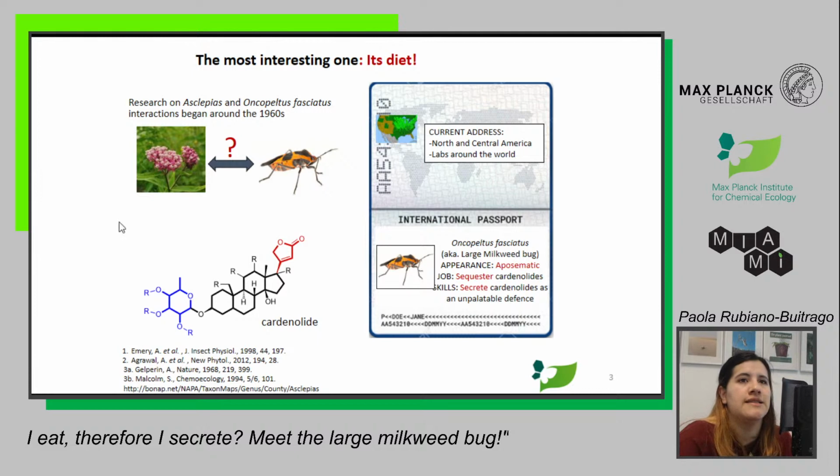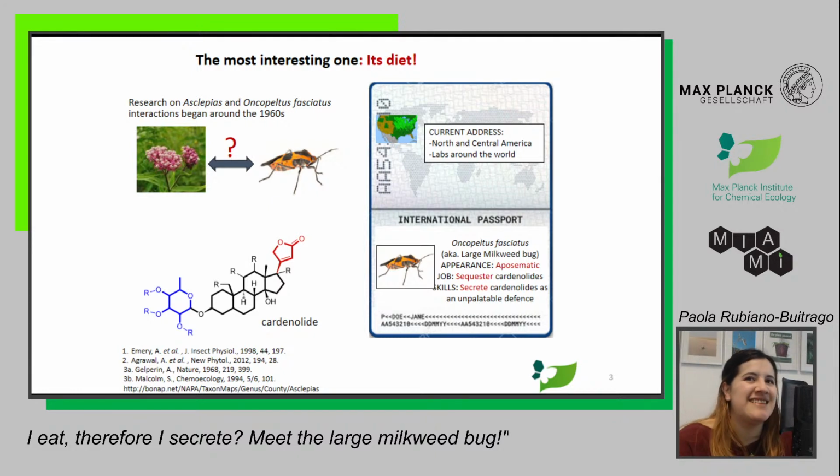So, cardenolides can inhibit really essential enzymes to the functioning of the cells, meaning that they can cause real damage and real toxicity to a lot of animals that feed on this compound. But because this insect has really insensitive enzymes, they can eat it, and more than that, they can sequester.